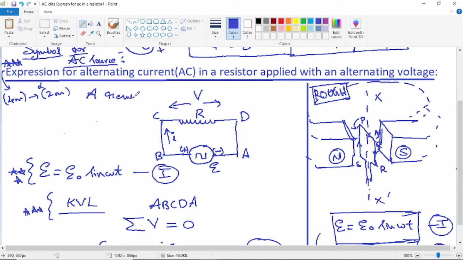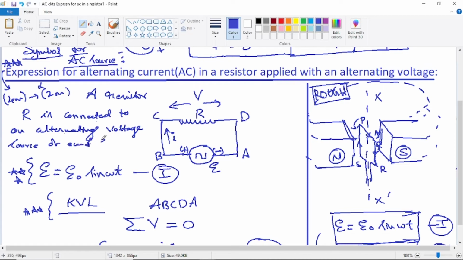A resistor R is connected to an alternating voltage source of EMF equal to this.